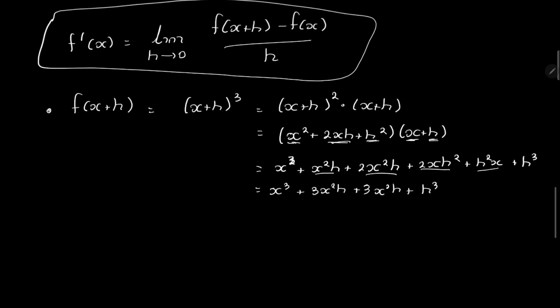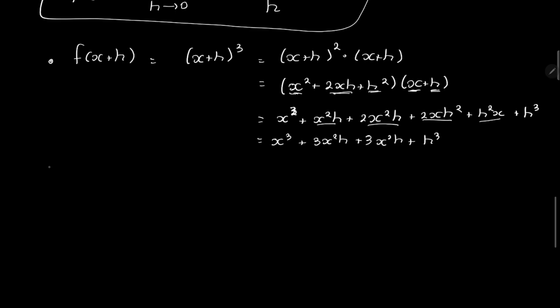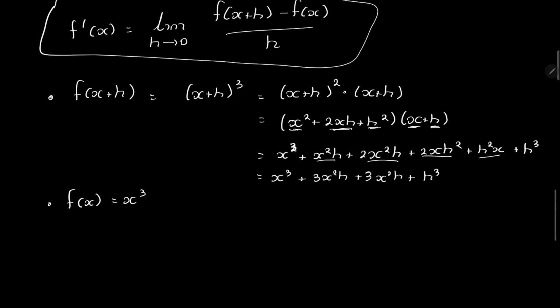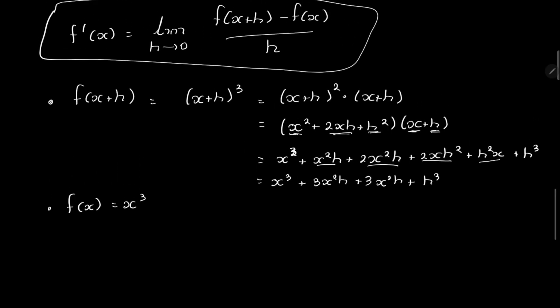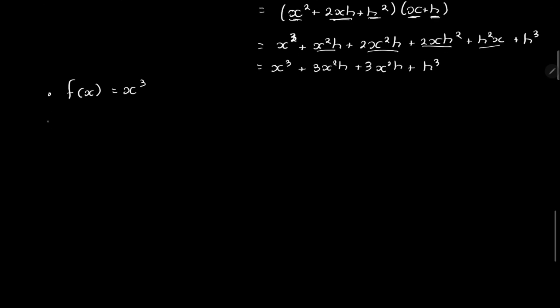So moving on to our next term, which is f of x, we have f of x is the same thing as x cubed. We will now calculate the numerator, which is f of x plus h minus f of x.